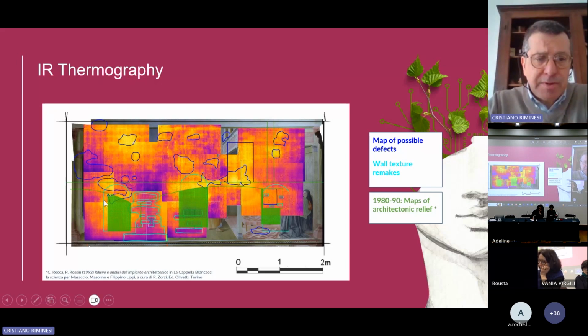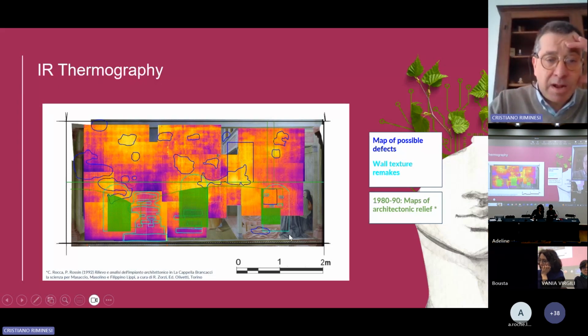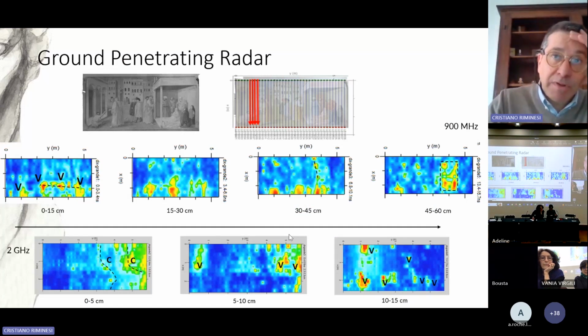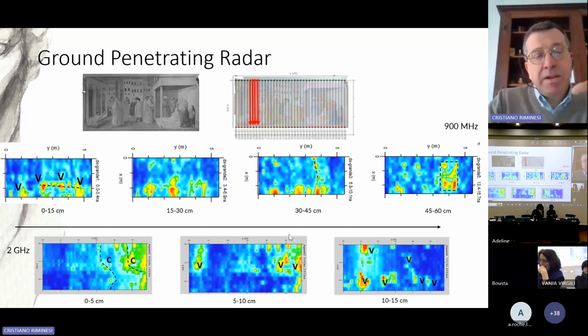This is the remake overlapped on our IR thermography. And in order to understand the consistency of the masonry, we took other information for in-depth investigation by ground penetrating radar.